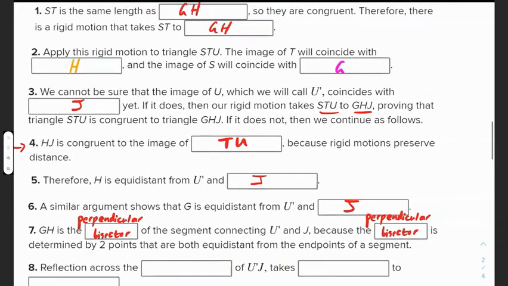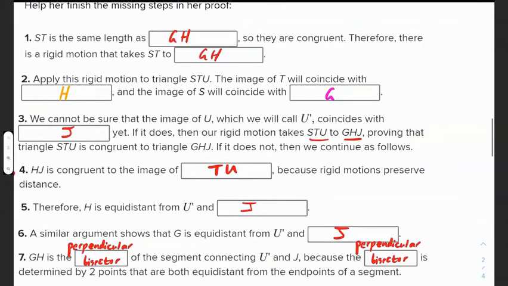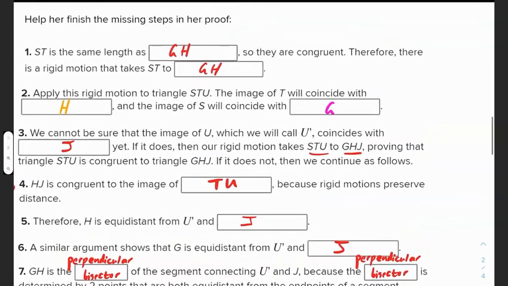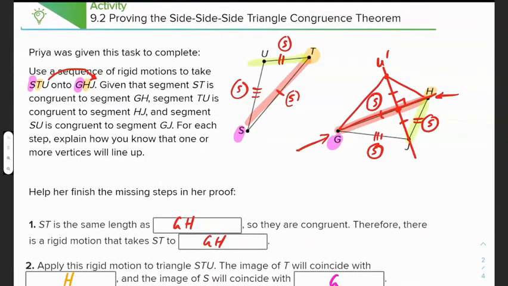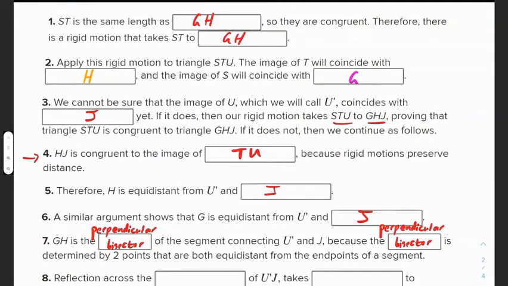So number 8, reflect across the blank of U prime J. U prime J is this line here, right? And what are they talking about? Let's see.